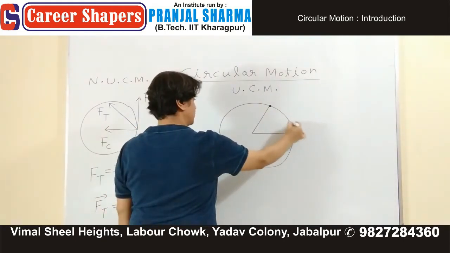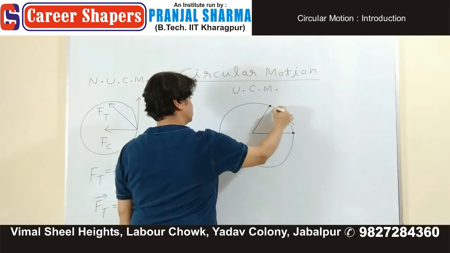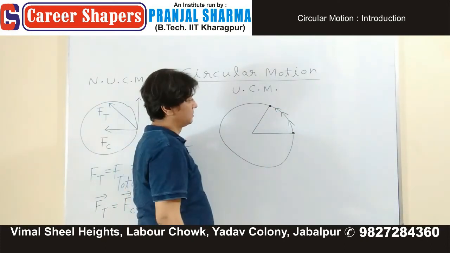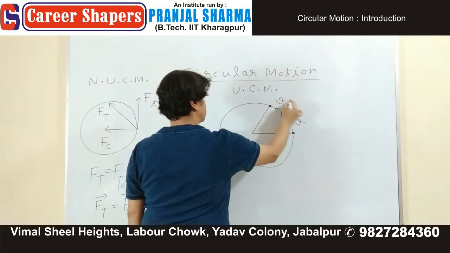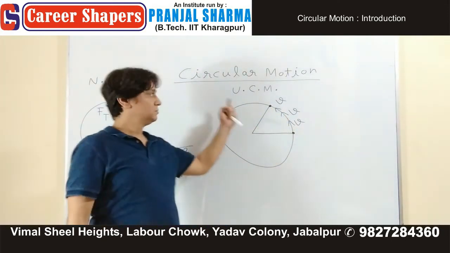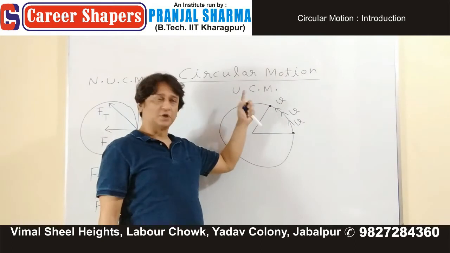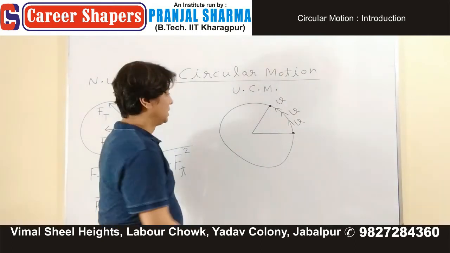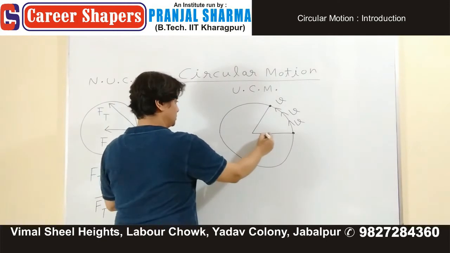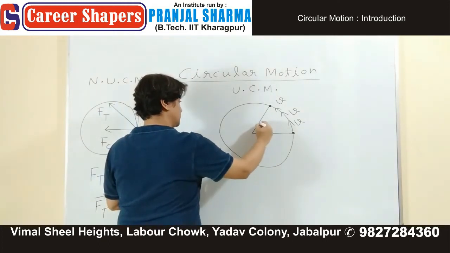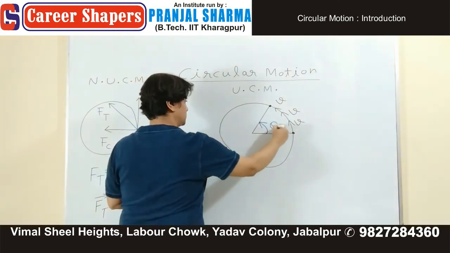It is moving like this. जहां भी आप जाओगे जो उसकी स्पीड है वो क्या रहेगी? सेम. क्यों? यूनिफॉर्म सर्कुलर मोशन. And from this position to this position it moves this much, which is theta.